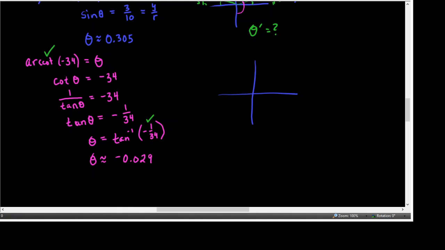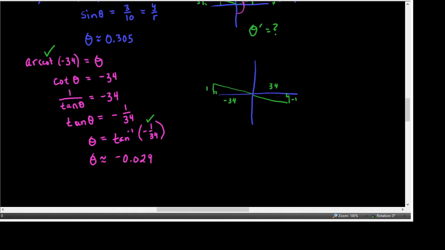Since tangent is y over x, that would mean that either y is negative 1 when x is 34, or it's y that's positive 1 and x is negative 34.